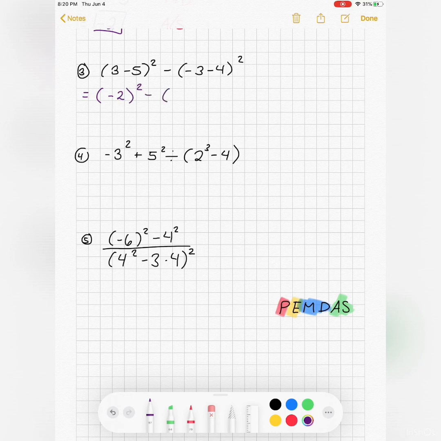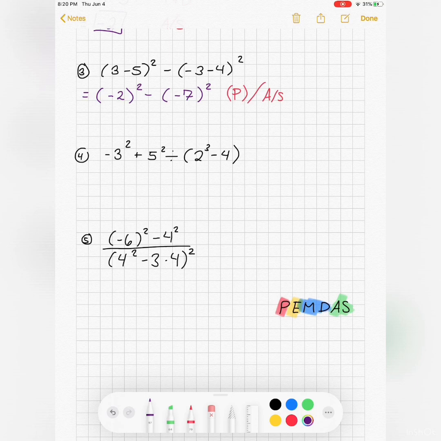Negative 3 minus 4 is negative 7. So what did I do in that step? So I looked inside the parentheses. So I'm going to say parentheses, and then I'm going to say, what did I do inside the parentheses? Inside the parentheses, I did addition, subtraction. Okay, so maybe I should do it this way. Maybe I should say, looked inside the parentheses, and inside the parentheses, did addition, subtraction.